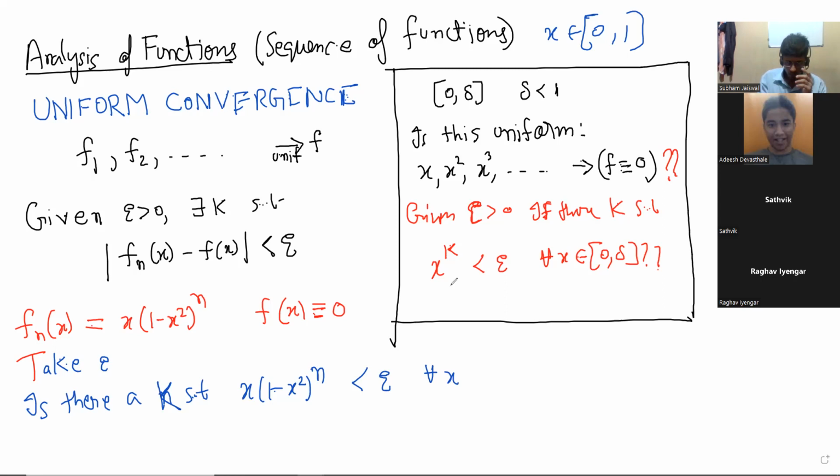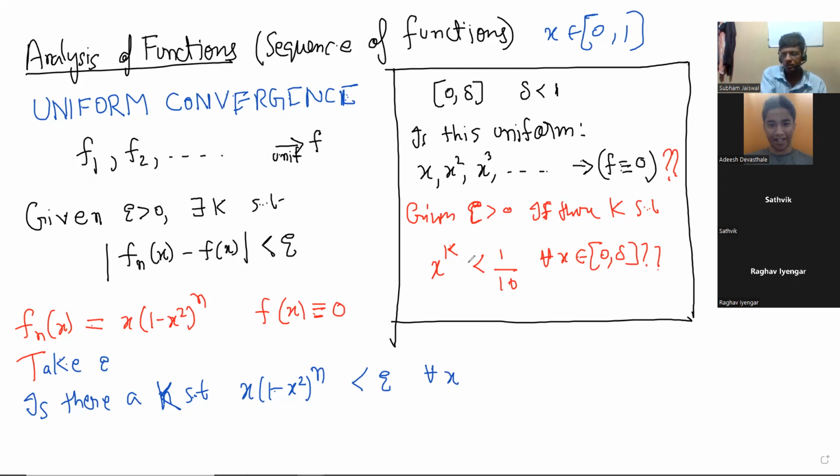Whenever you pick some epsilon, let's say 0.1, we need to find k such that x to the k is less than 1 by 10.